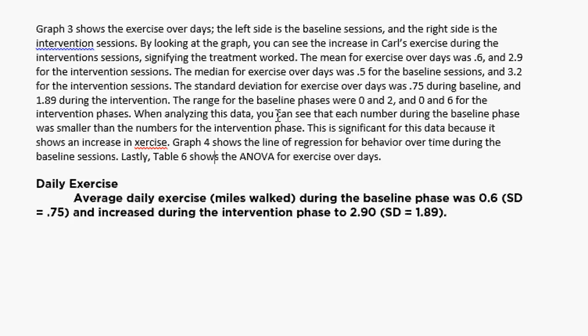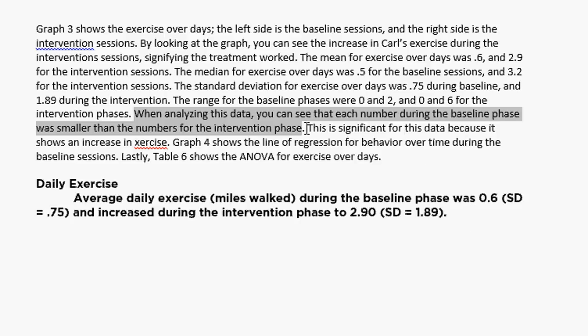When analyzing the data, you can see that each number during the baseline phase was smaller than the numbers during the intervention phase. Again, not a particularly useful statement, especially since there were a couple days during the intervention phase in which Carl didn't walk, if I recall the data correctly. So I'm not sure what that means.